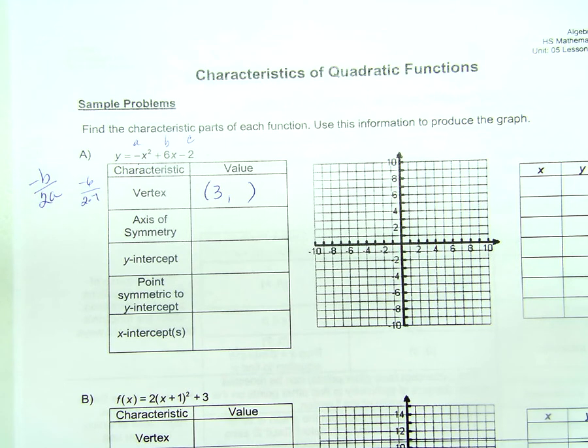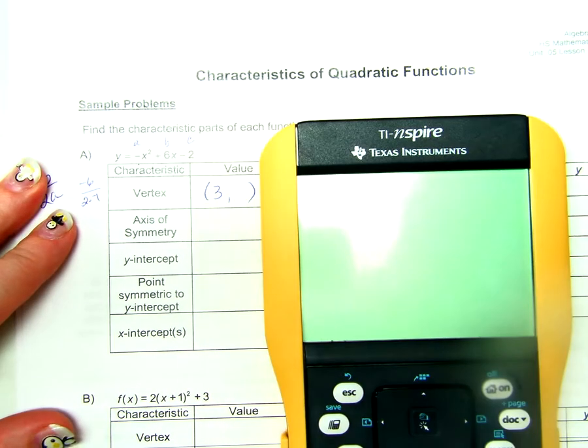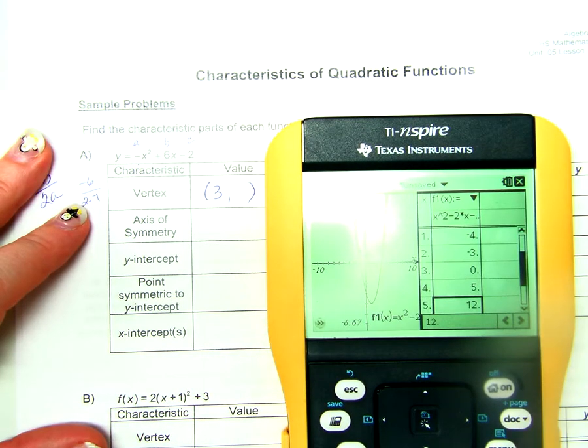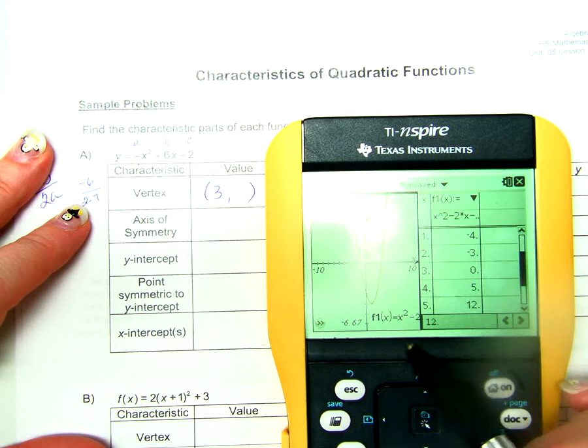Plug it in, right? Now, we could do that or we could use the things that we have available to us a little more wisely. Okay? So I want to get rid of my table, so I need to get my cursor up on the screen. I need to click on my graph so my graph is highlighted.